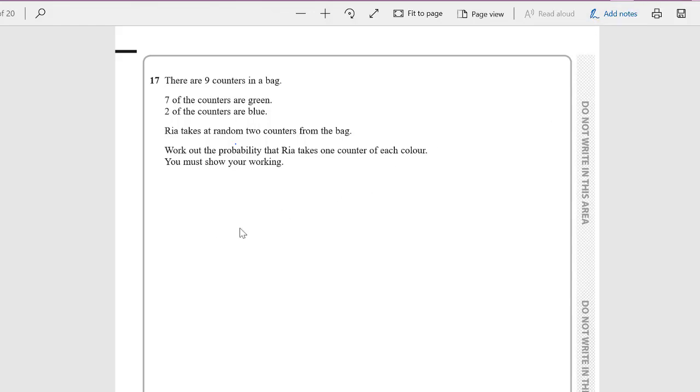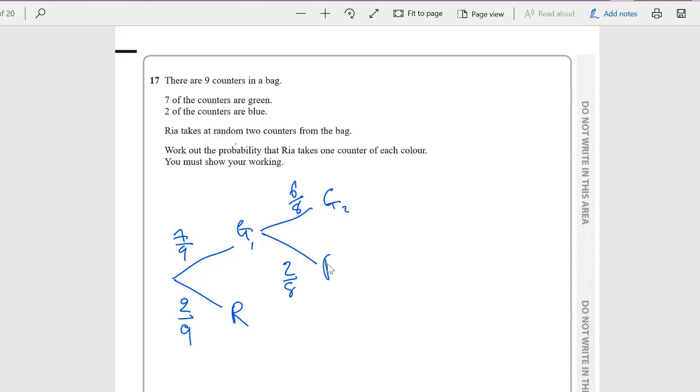So let's start off with 7 over 9, so that's green, and then 2 over 9, and that's red. So if you take out a green the first time, 6 over 8 left, which is green, so that's green 1, green 2, and then if it takes out a green, then it's going to be 2 over 8 for the red.